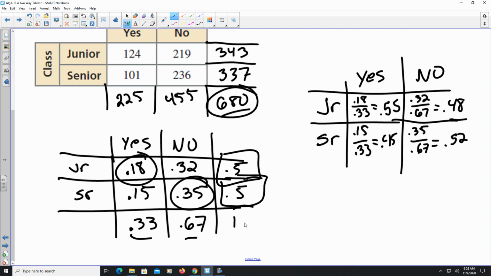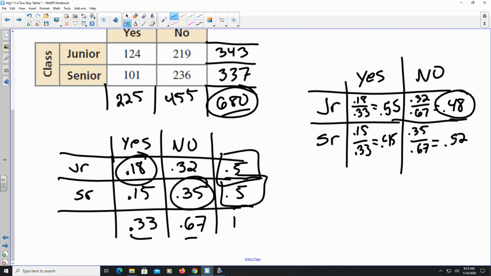So again, you ask yourself, what is the relevance of those percentages? Let's say we look at this percentage here, under juniors and under no. We can say that, given that a student is not planning to major in the medical field, the conditional relative frequency that this student is a junior is about 48%.